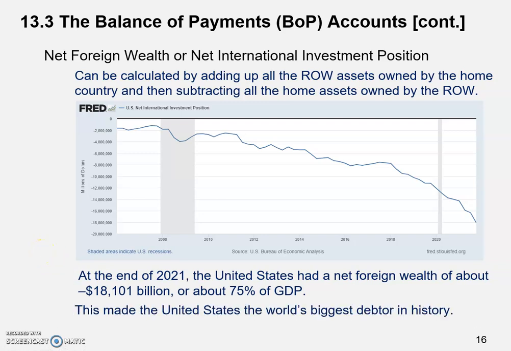That made the United States the world's largest debtor in history. Okay, and of course, as you could imagine, a lot of people would worry about this. Okay, and in later chapters, we're going to delve into some details and talk more about why or how we got here, and whether there are any possible ways we can fix this. Okay.